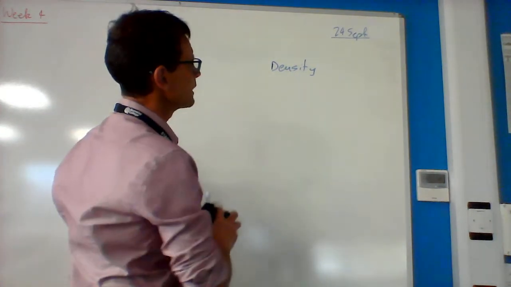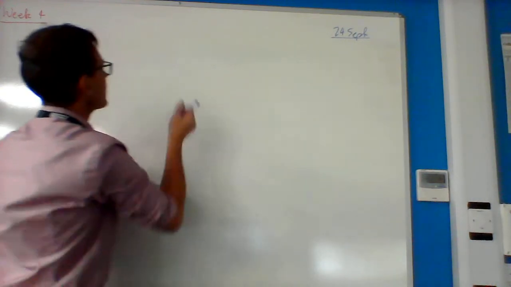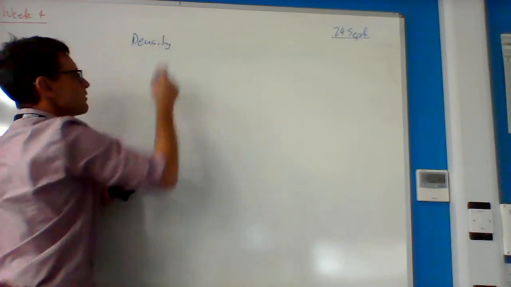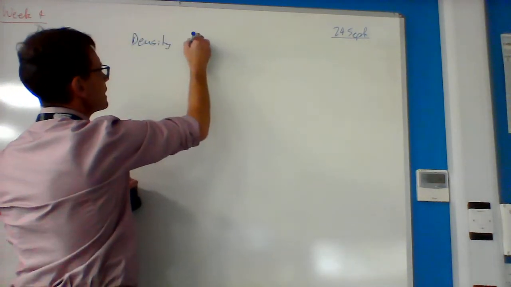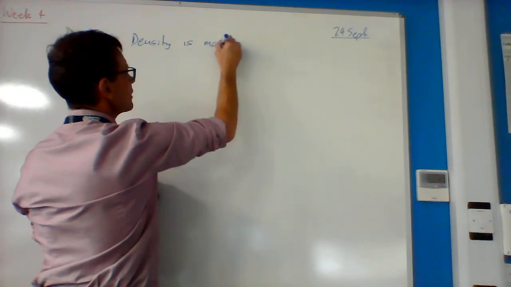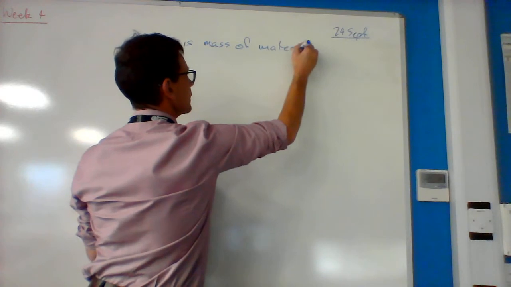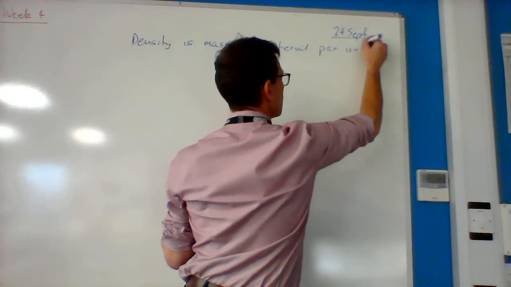So the first one is density, and if I just put it up out of the way, because we're going to use it all the time, density is defined as how much matter you've got. So density is mass of material per unit volume.